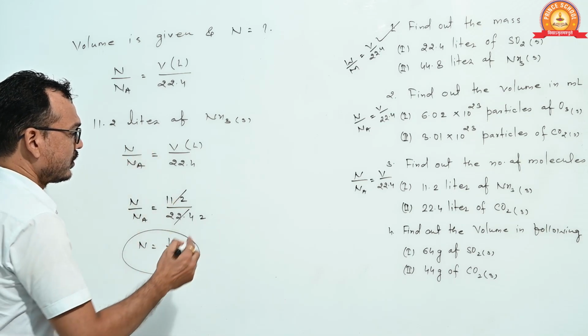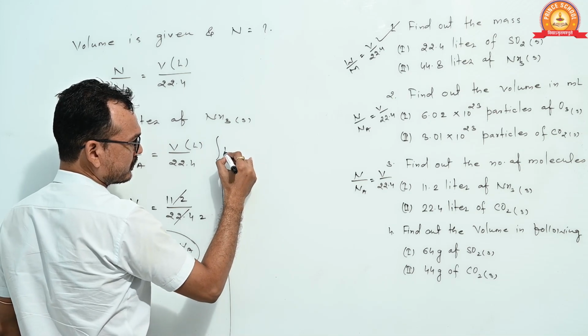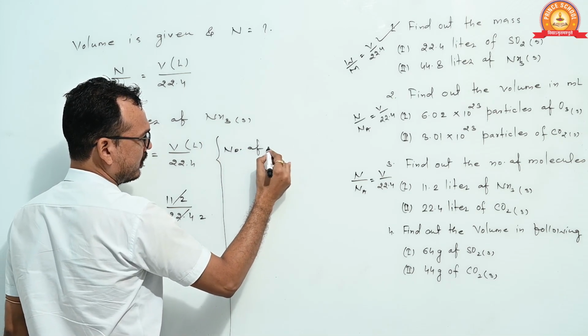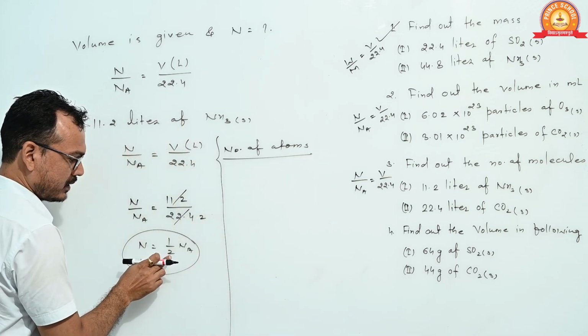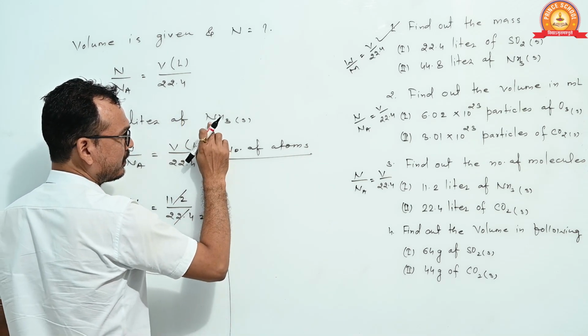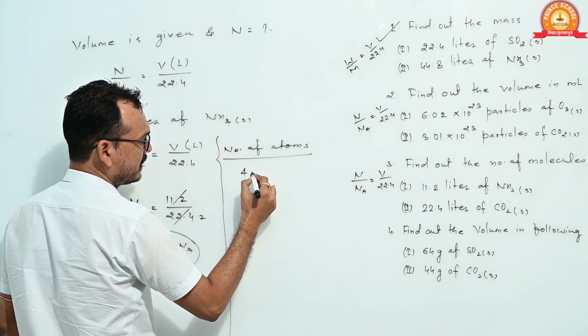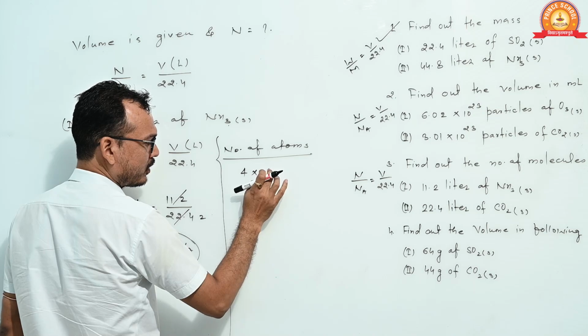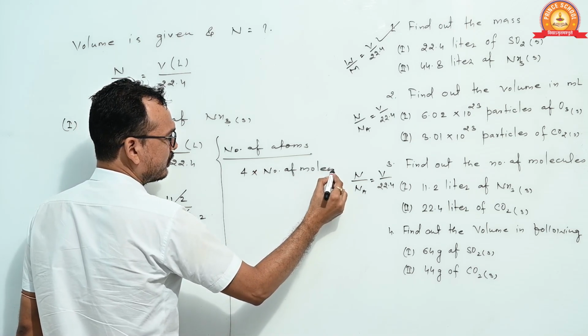In this question, we can also calculate the number of atoms. Clear? This is the number of particles, and the number of atoms is 3 plus 1, that is 4 into the number of molecules.